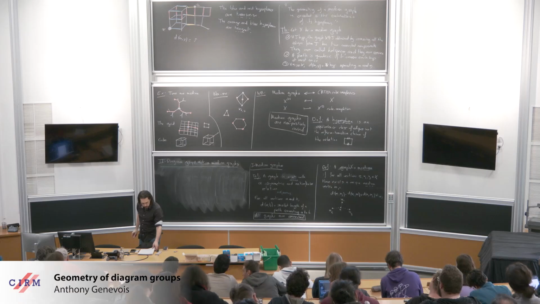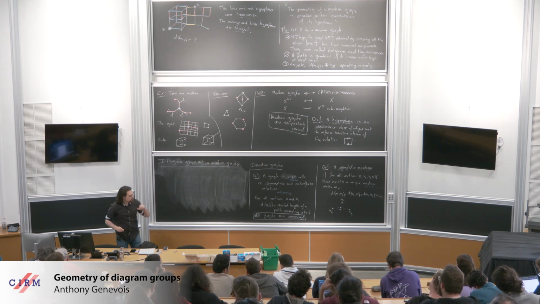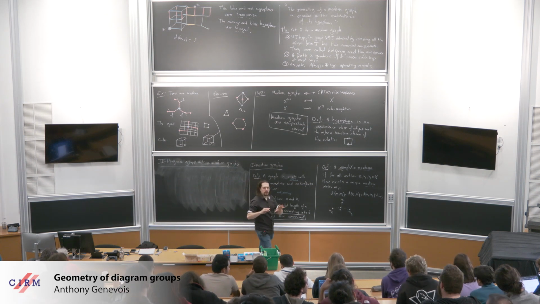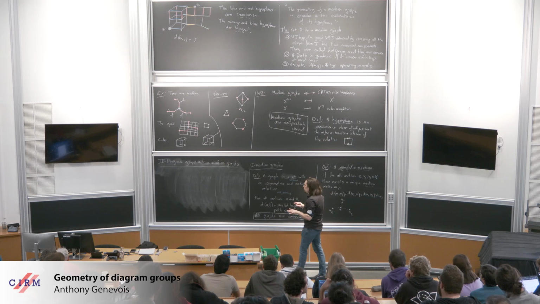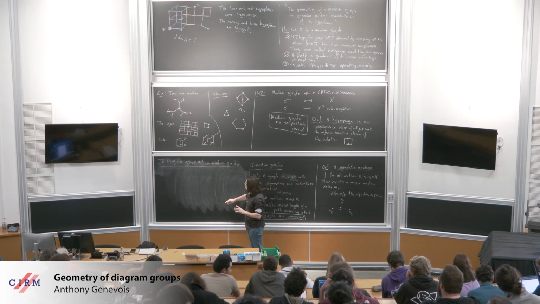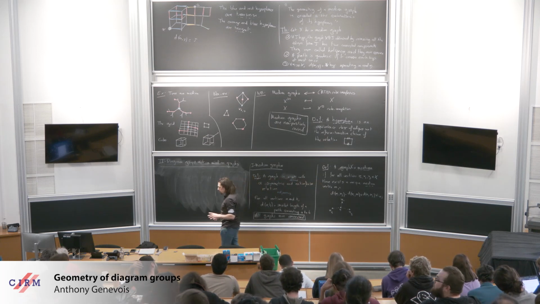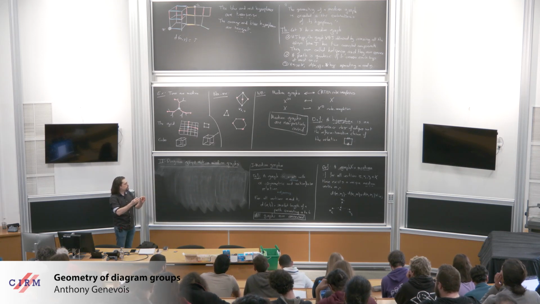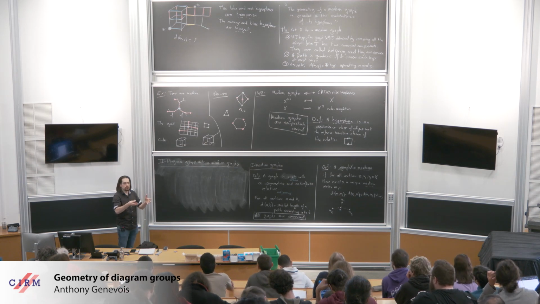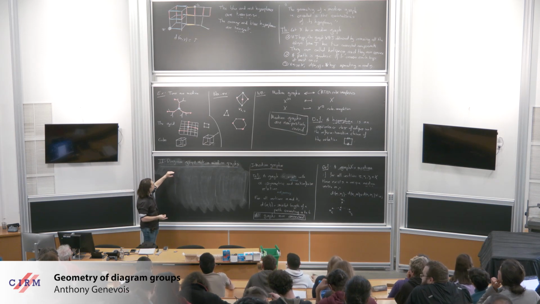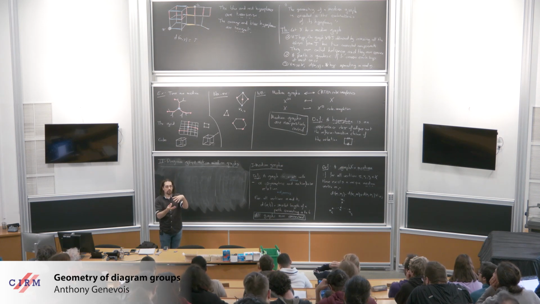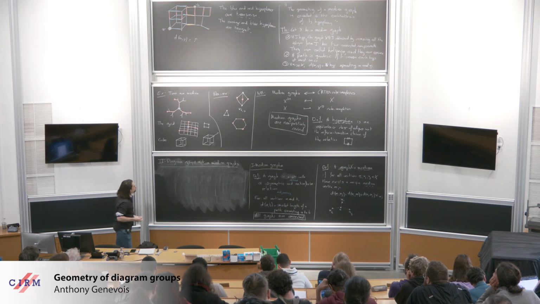Okay? So remember that I told at the beginning of the talk that there is a connection between diagram groups and free groups. And how is a tree obtained from free groups? It is obtained just by, so this is a Cayley graph. So a vertex in the tree is just a word, or an element of the group. It's a reduced word. And the construction will be basically the same for diagram groups. A vertex of the graph will be just a diagram, okay?